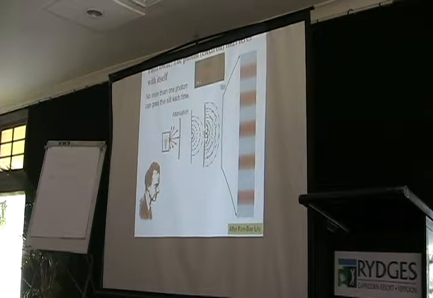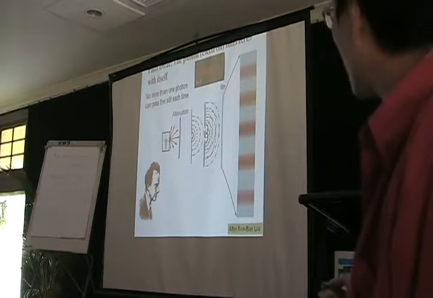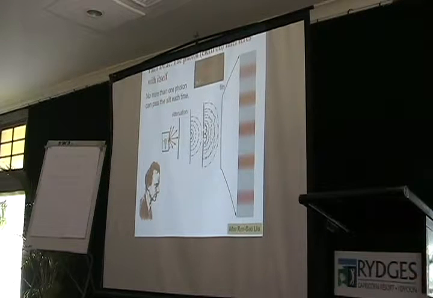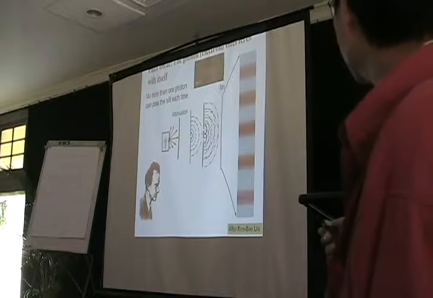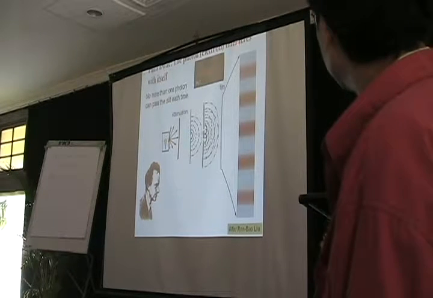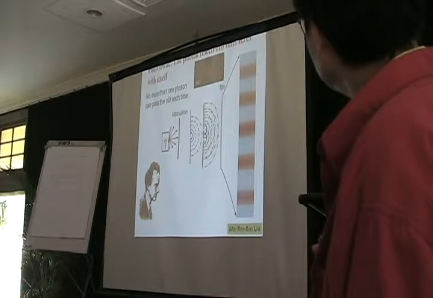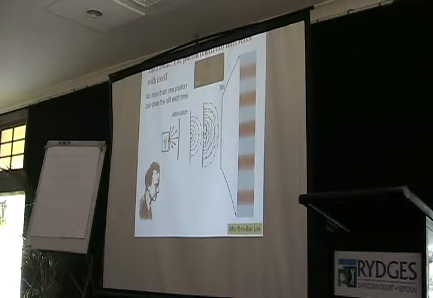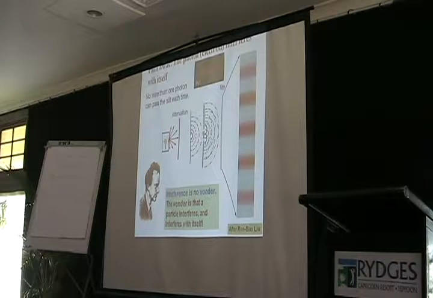So even with electrons going through the double slit one by one, after many electrons pass through, you will see the interference pattern. So the thing is, the photon or electron interferes with itself. Interference is no wonder.